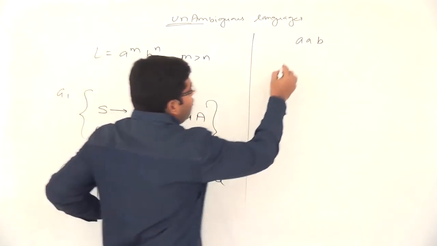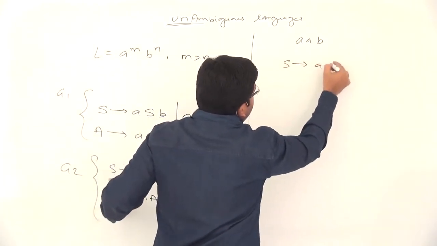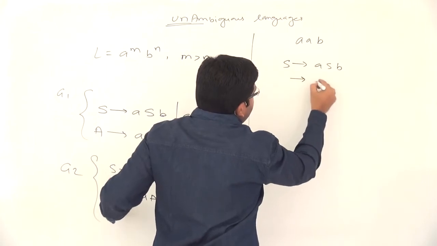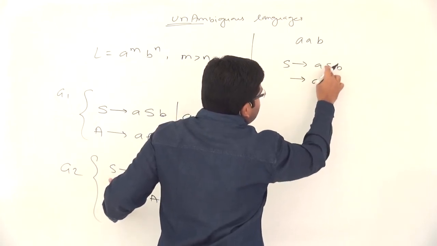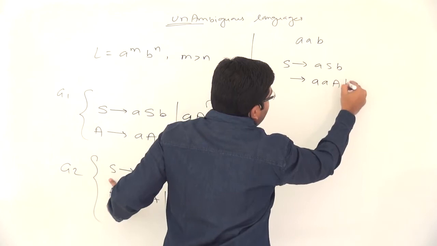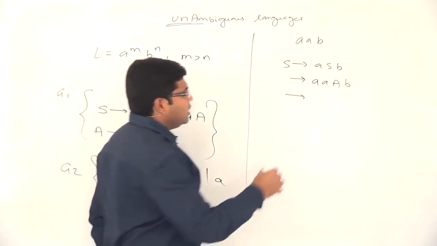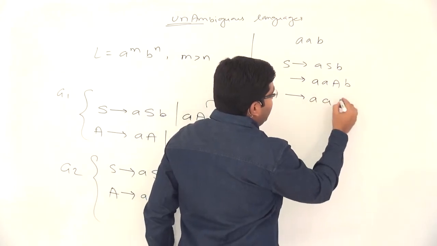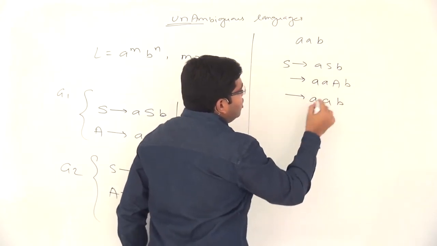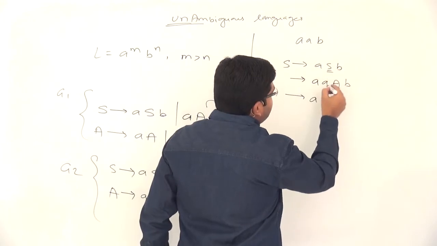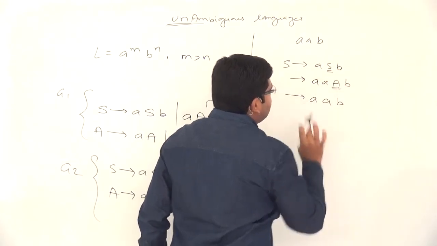First of all, we apply S produces a S b, then we replace this S with a capital A, and then b, and finally we replace this capital A with epsilon to get aab.